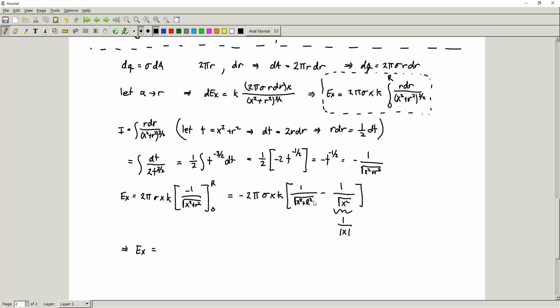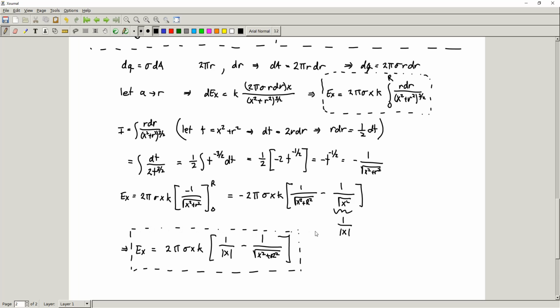I'm going to slide the minus sign back inside here, and we're going to end up with 2 pi sigma x k, and now in the brackets, 1 over absolute x minus 1 over the square root of x squared plus r squared. Okay, so let's keep this one in mind. We're going to need to make use of this expression in a minute, but this isn't the final form.